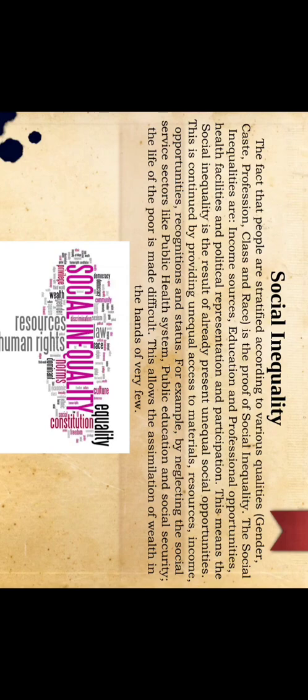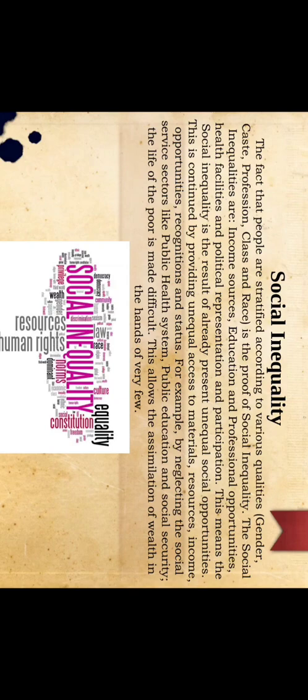At the same time, they are neglected in many social service sectors like public health system, public education and social security. Because of all these social inequalities, the life of the poor is made very difficult.